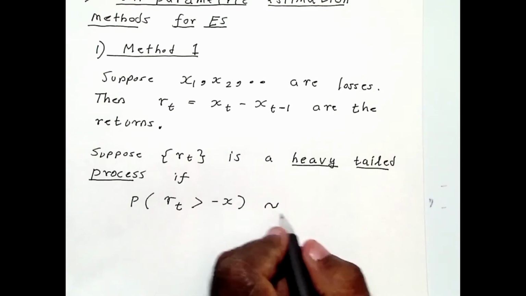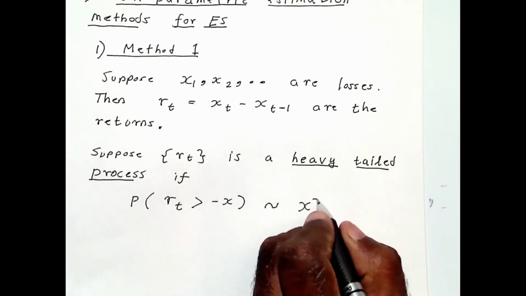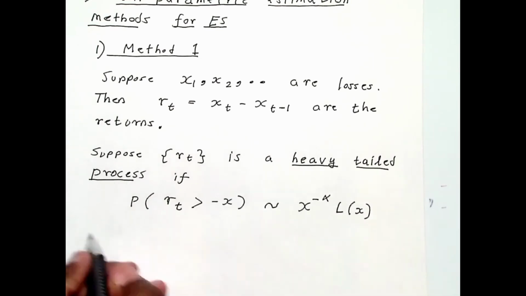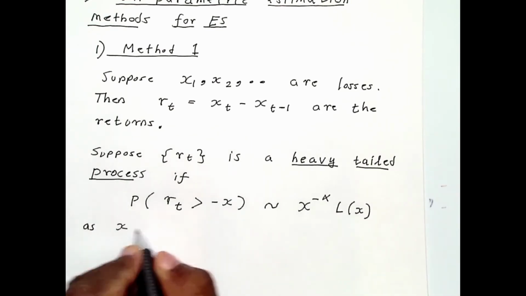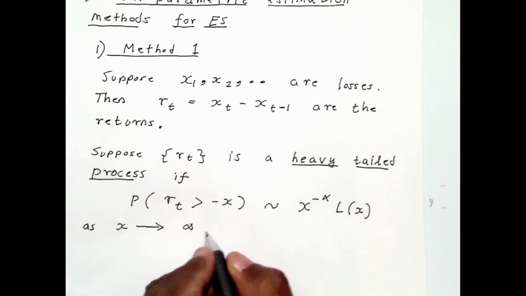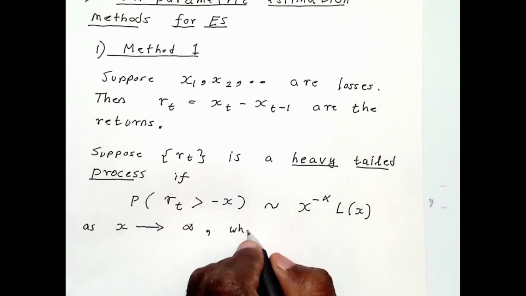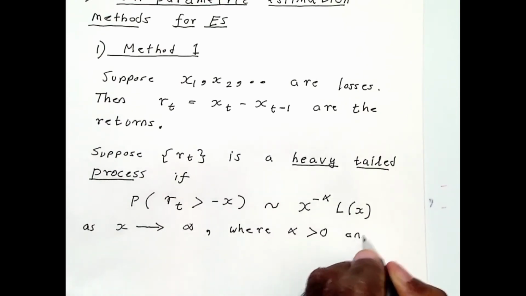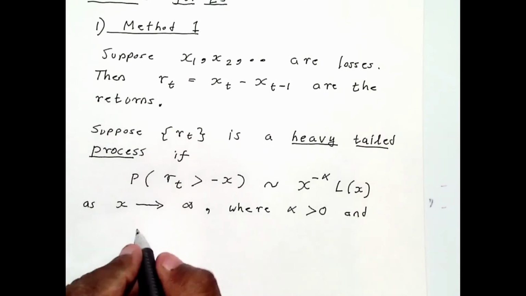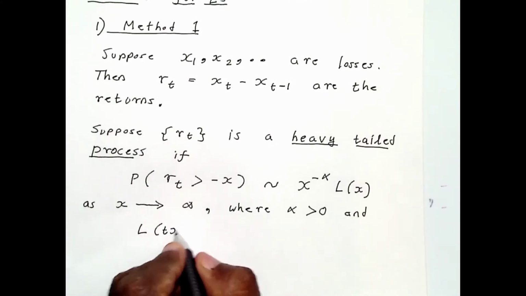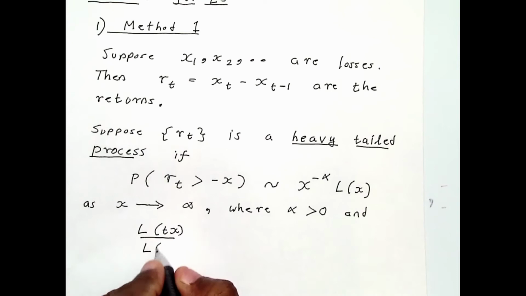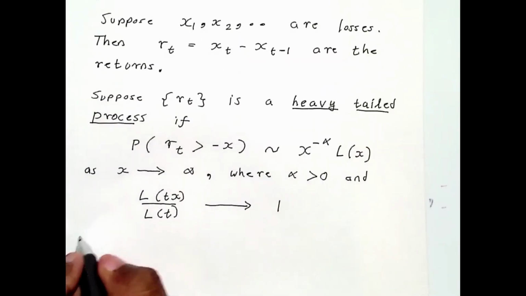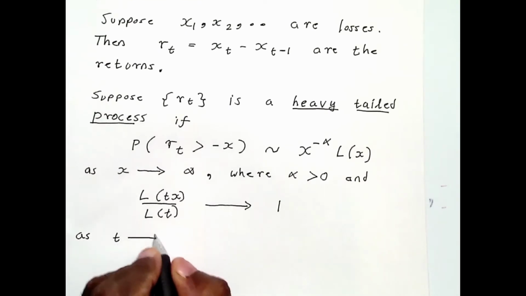behaves as x to the power minus alpha times the function L of x as x approaches infinity, where the constant alpha must be a positive constant, and L of tx divided by L of t must approach 1 as t approaches infinity.